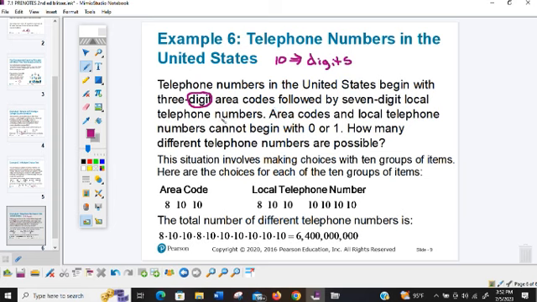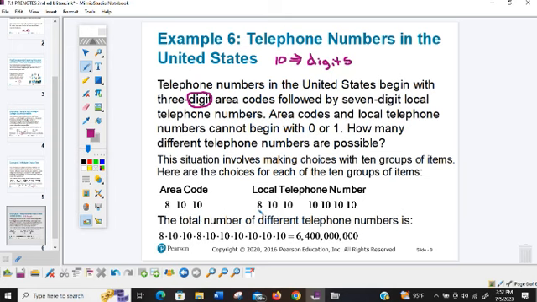Now, it says that we have a 3-digit area code followed by 7-digit local numbers. Area codes and local numbers cannot begin with 0 or 1. How many different numbers are possible? Okay, so here's my 3-digit area code. My first choice, I can only have 8. I can't include 0 and 1. I can only do 2, 3, 4, 5, 6, 7, 8, 9. There's 8 of them. Now for the next 2 numbers in the area code, I can pick from all 10.